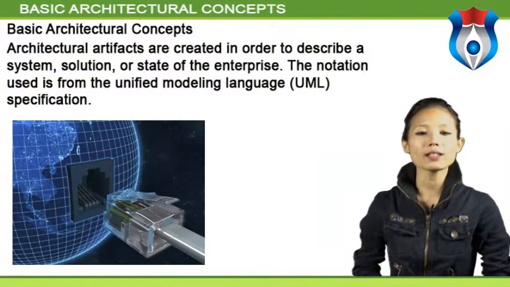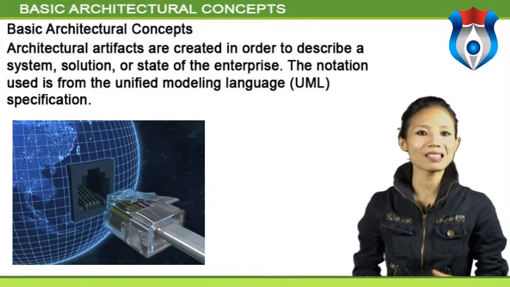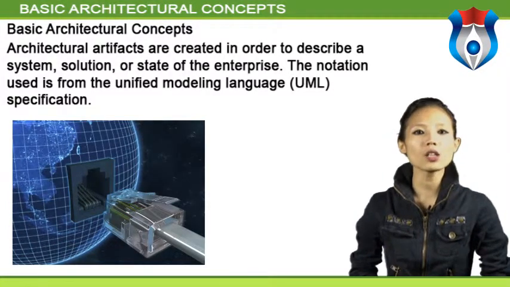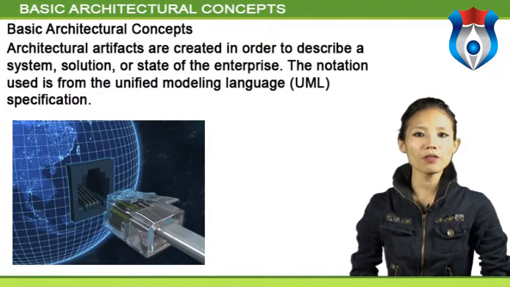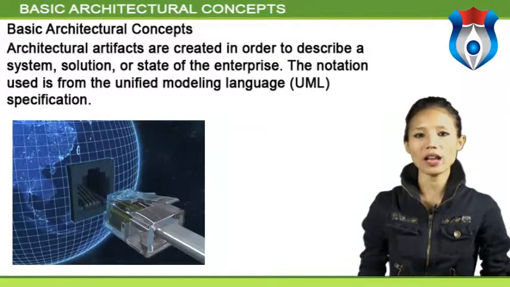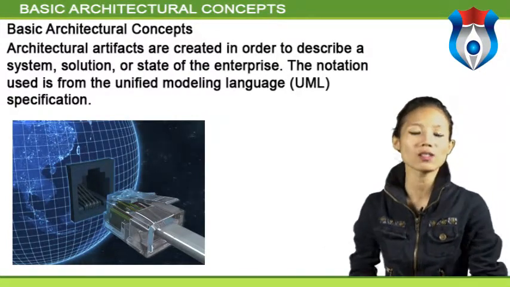Architectural artifacts are created in order to describe a system, solution, or state of the enterprise. The notation used is from the Unified Modeling Language, UML, specification. A system is a collection of components organized to accomplish a specific function or set of functions.